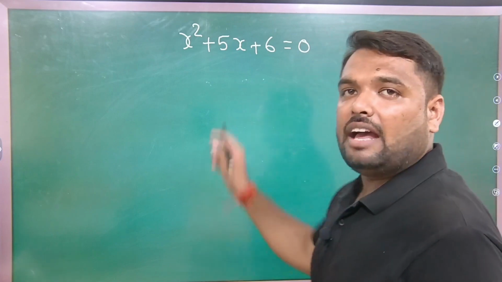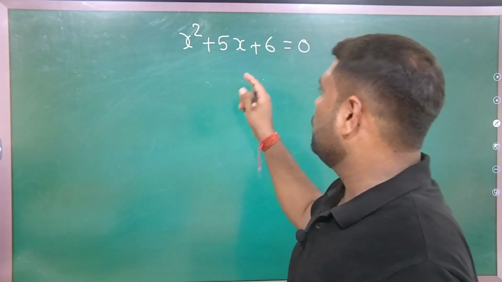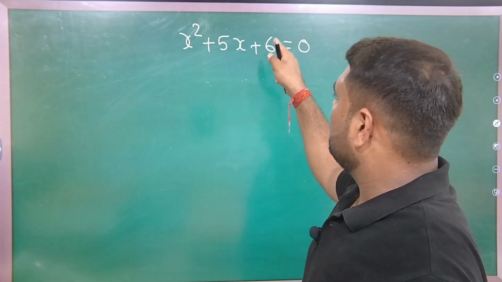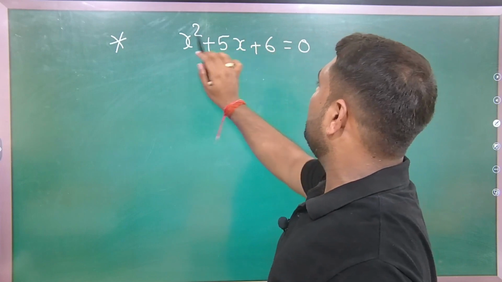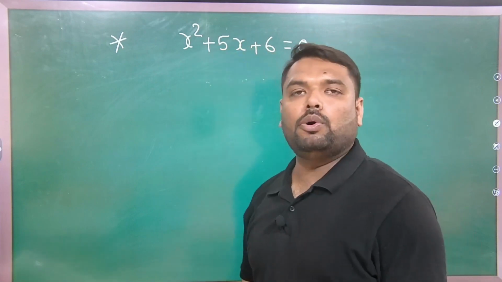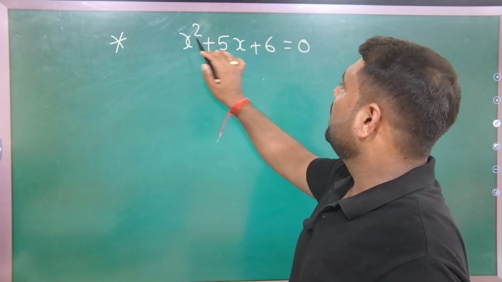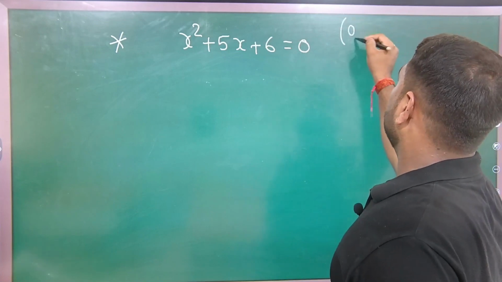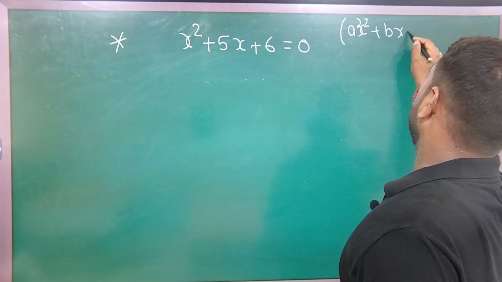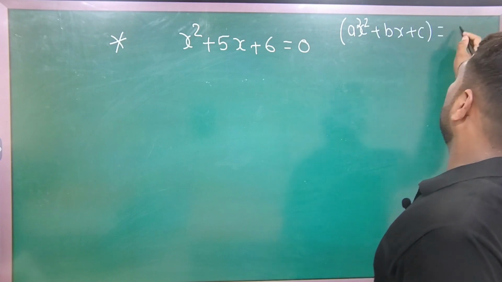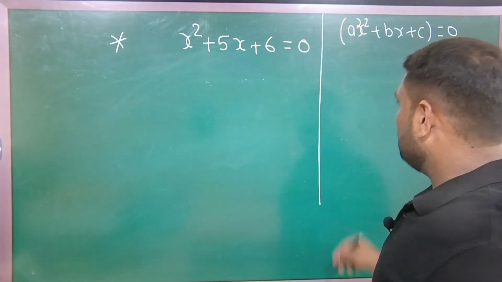You just have to learn that whenever it is in the form of ax square plus bx plus c, with a positive sign in both, then only this concept will be used.